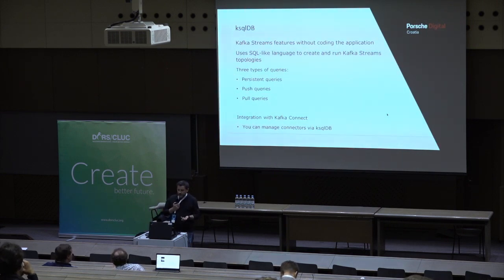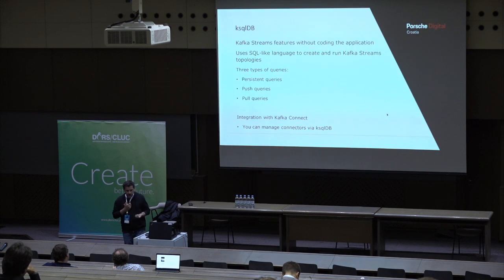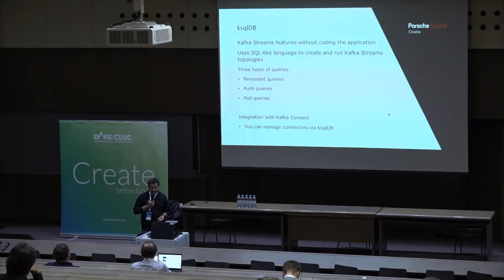Okay, so this is the first type of query. Then you also have push queries, which can be used to listen to the events, to the changes on the topics. You are mostly interested in the resulting topic that stores the results of the processing of the persistent queries.